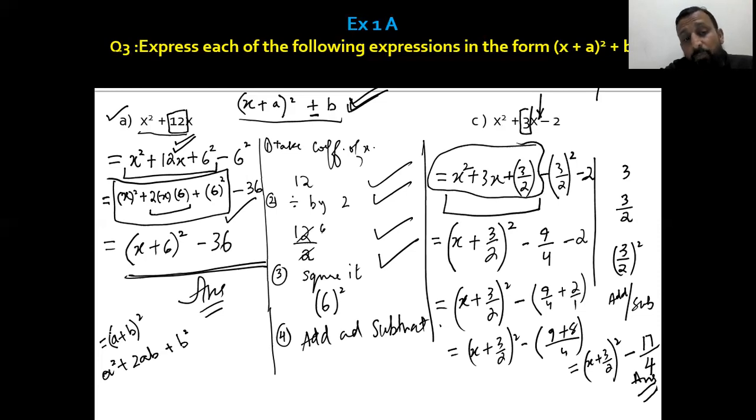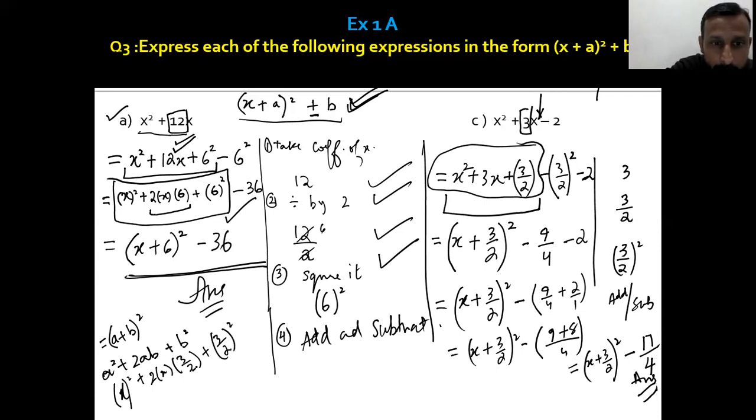So you need to identify the values of a and b in this case, right? I can see my a is x and my b is 3 upon 2. But just for checking, I'm writing this in the bracket: a, that is x, then plus 2 multiplied by x multiplied by 3 upon 2, then plus 3 upon 2 the whole square.